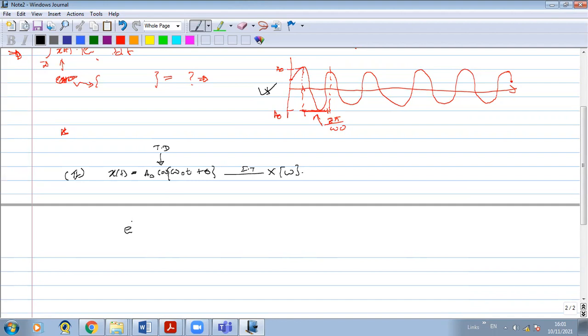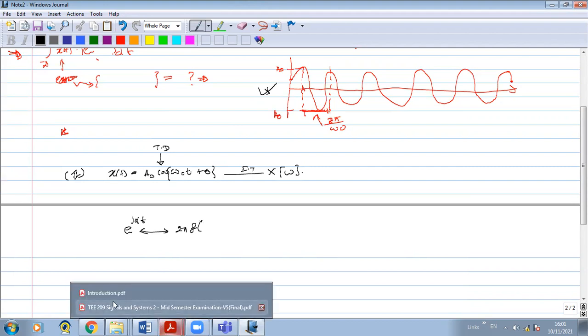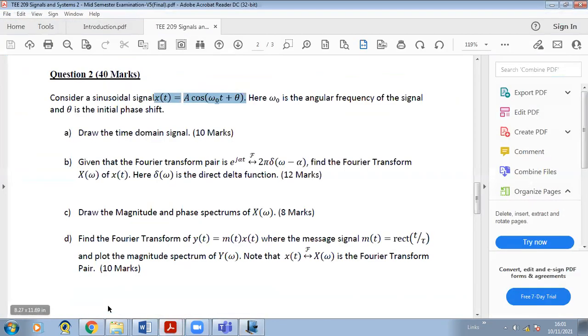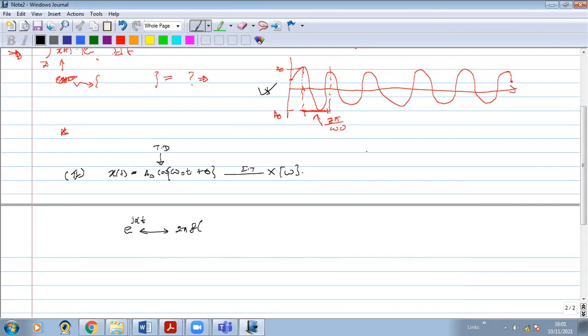So you can see that we are given one fact: the Fourier transform of e to the power j alpha t is 2 pi delta(omega minus alpha). So the Fourier transform of this exponential signal is already given.